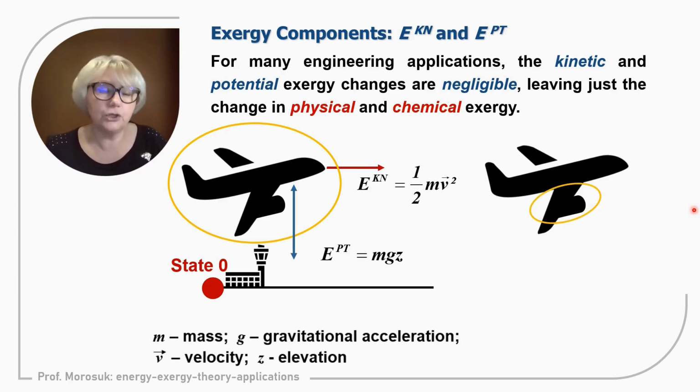My interest is only the gas turbine system of the airplane. Then I can change conditions of analysis. I can say that state 0 will fly together with the airplane. Then definitely the airplane will have kinetic and potential exergies, but this exergy we will not calculate because it is not relevant for our analysis. And in order to evaluate the engine, we will discuss only physical and chemical exergy.